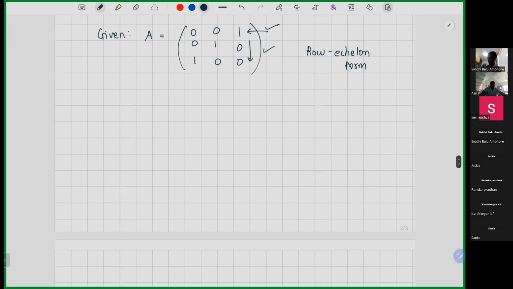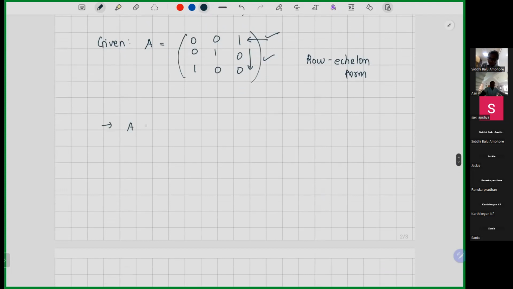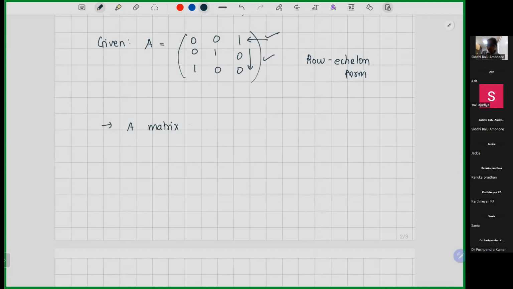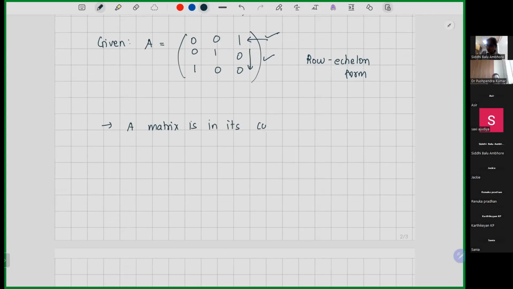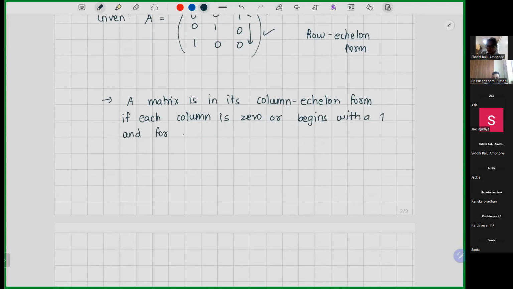A matrix is in its column echelon form if each column is 0 or begins with a 1, and for each such one there are only zeros to the right.